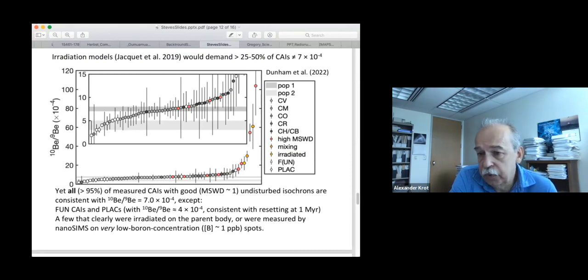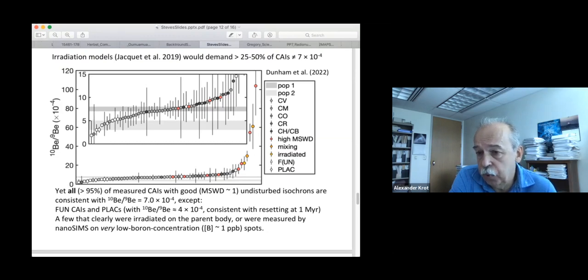If CAIs were melted during chondrule formation, chondrules show complete isotopic exchange between the gas and the melt. So it means that mass-dependent fractionation effects will be erased and the oxygen isotopic composition of CAIs will become O-16 depleted. So this melting of inclusions could not have happened in the region where chondrules formed.